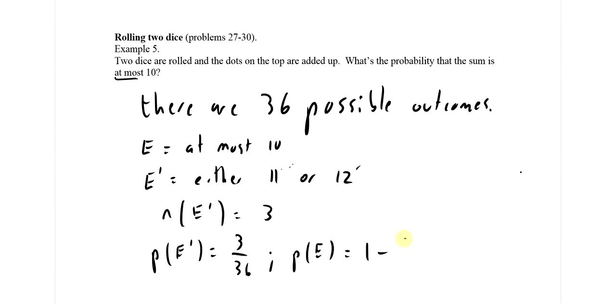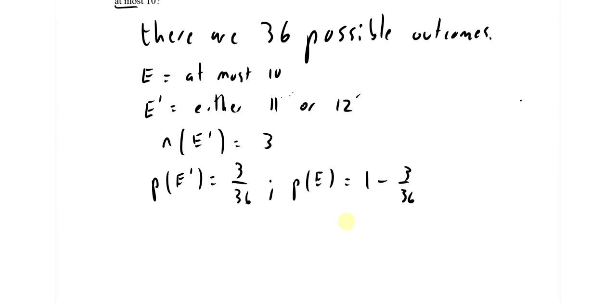So what's the probability of rolling at most 10? Well, that's 1 minus 3 over 36, which is 33 over 36, which is about 0.9167. A little more than 90% of the time you will roll a number that's at most 10. You won't get an 11 or 12. This is 0.0833, so 8% of the time you roll an 11 or 12.